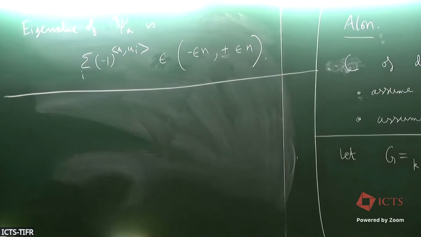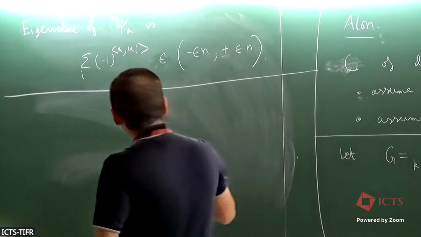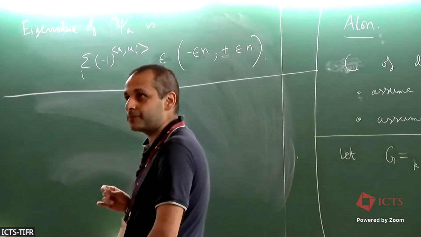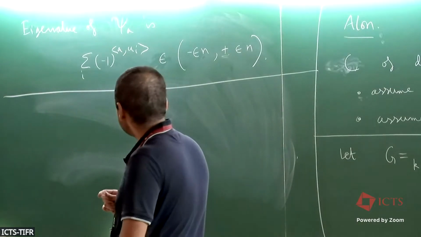At the end, we want to show that n is big. That's a lower bound on the rate. We want to show that actually the degree is big. If you want the eigenvalue so small, it must be with big degree. That's the kind of statement we want to show. Questions? Anyone?